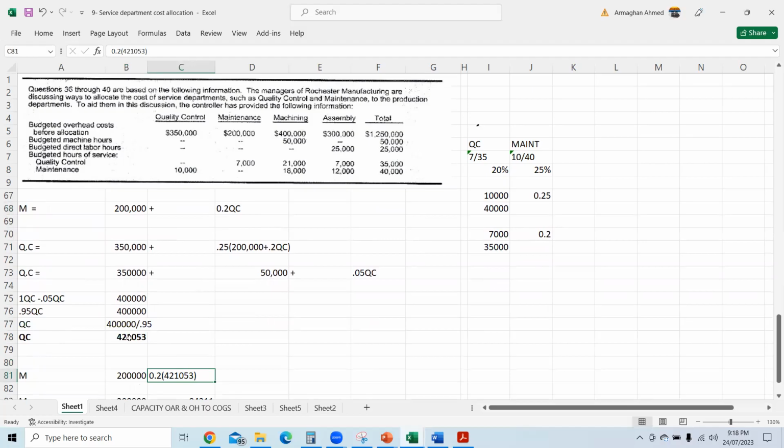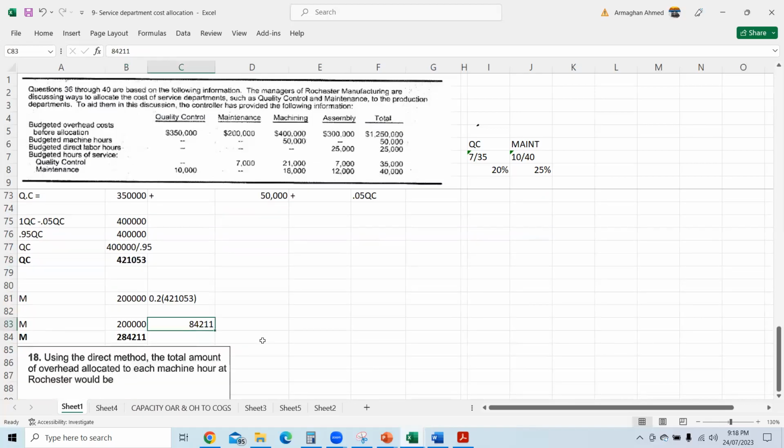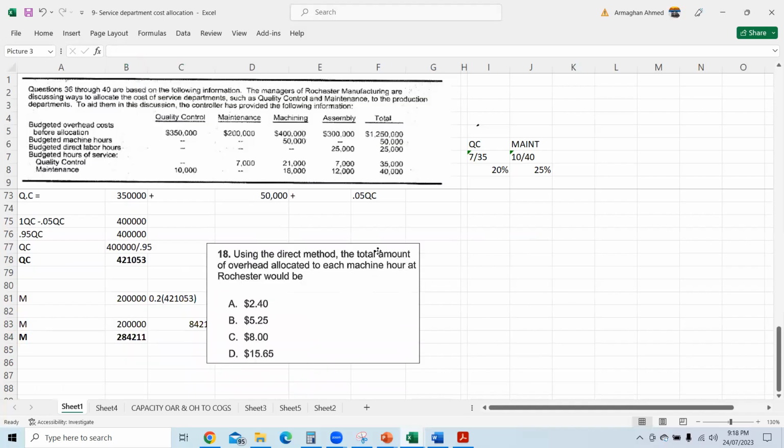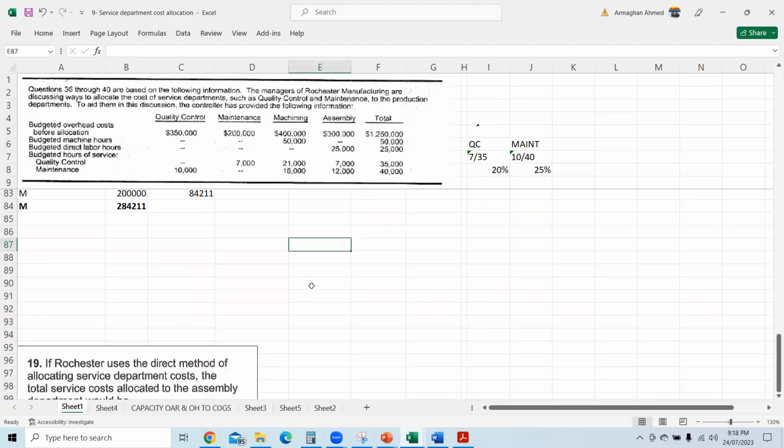What will we keep? 421,053. So maintenance is 200,000 plus 0.2 into 421,000, which will be 84,211. So the total cost will be how much now here? This much, right?